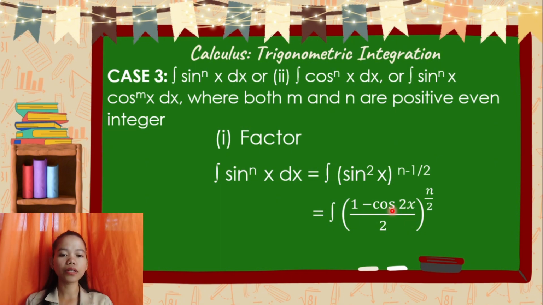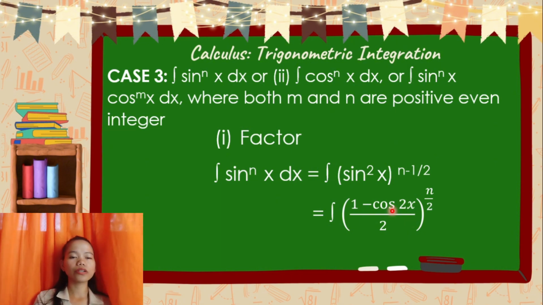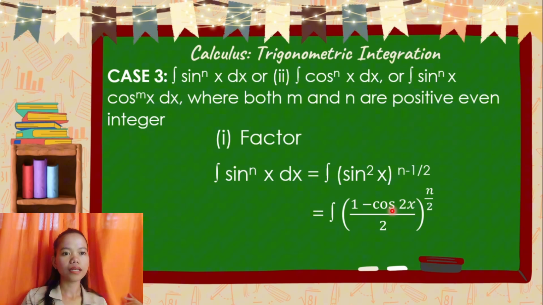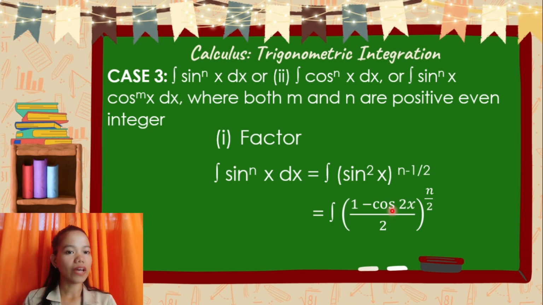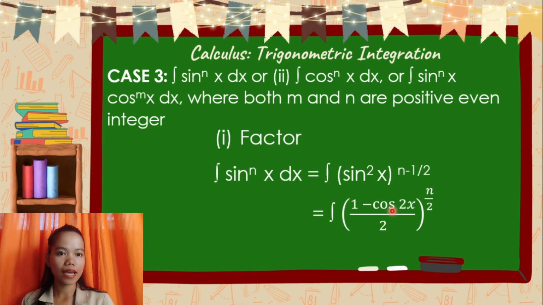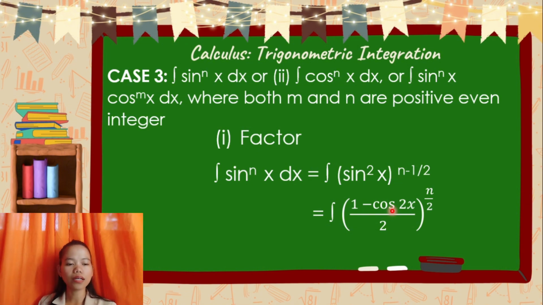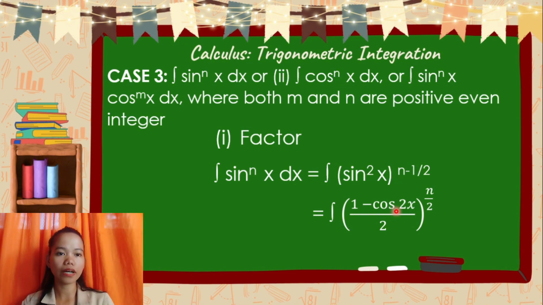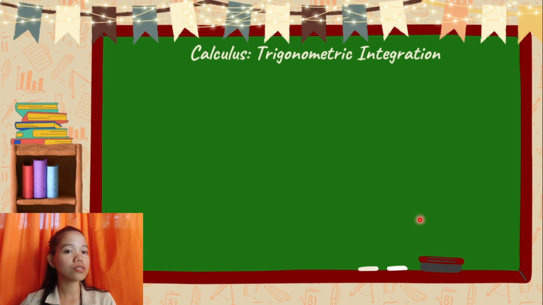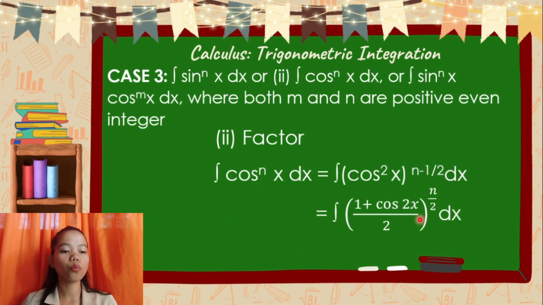Let's say for example that we want to know the integral of cosine raised to the power of n of x dx. For this one, we still are going to apply the half angle identity in which cos squared of x equals 1 plus cosine of 2x all over 2.